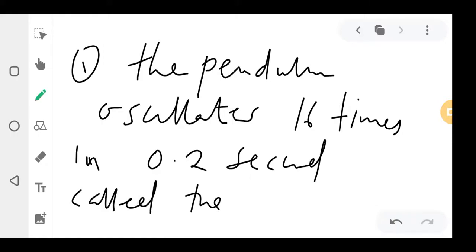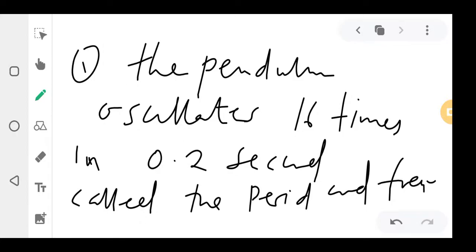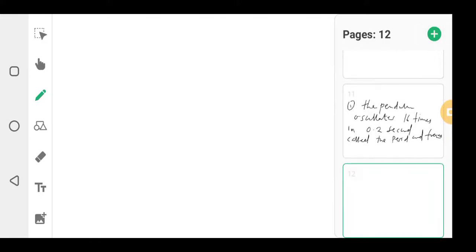Calculate the period and frequency. When I say period, I mean periodic time. Sometimes they don't tell you periodic time, they just say period. It's the same thing. Okay? That's question 1.